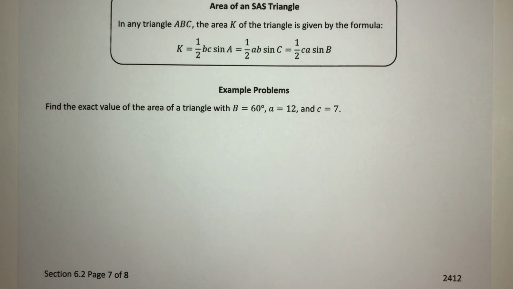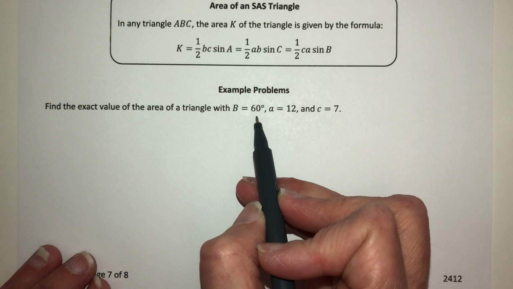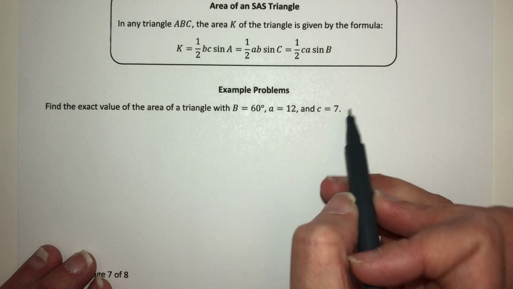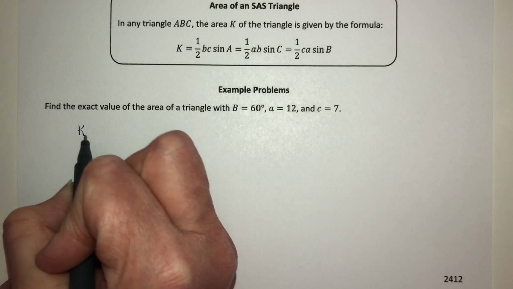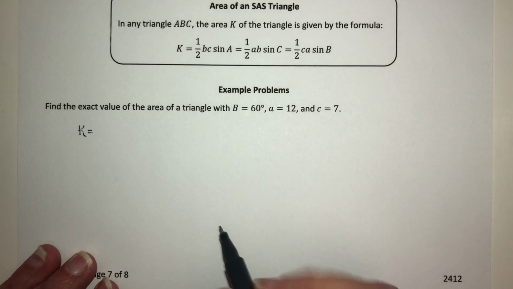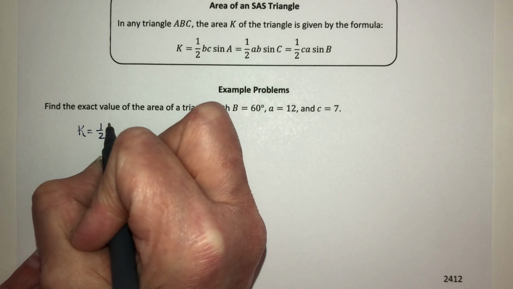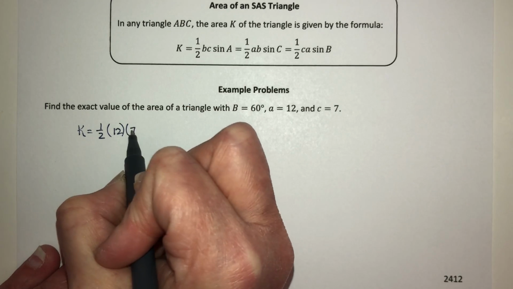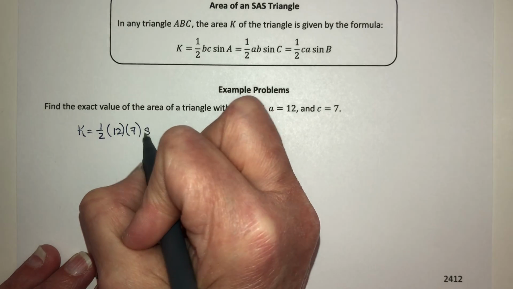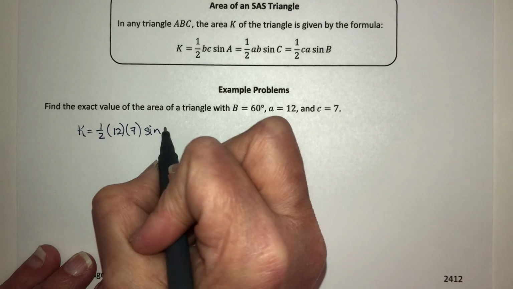We want to find the exact value of the area of the triangle with angle B of 60 degrees, a is 12, c is 7. So the area is 1/2 times your two sides times sine of the angle you're given.